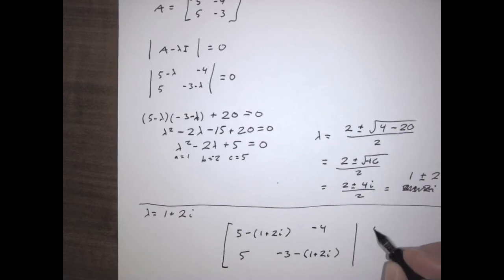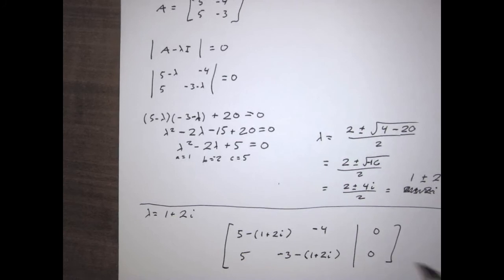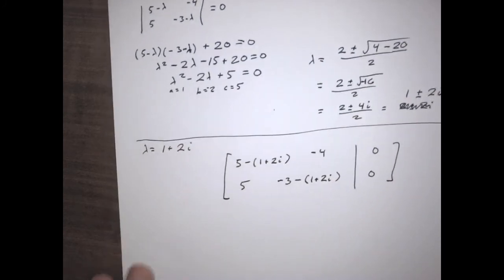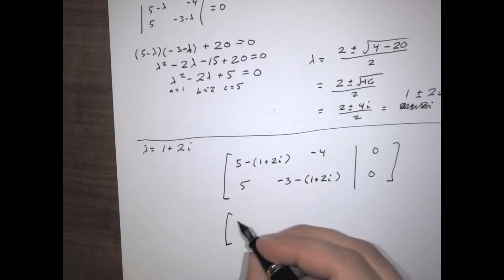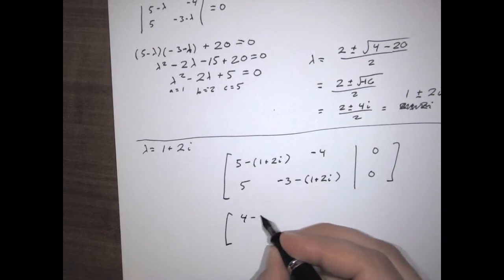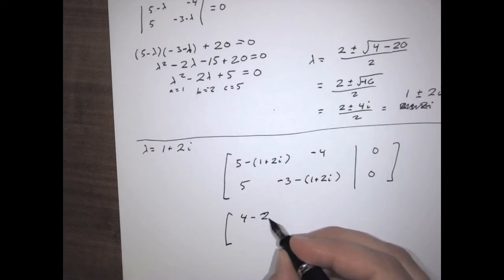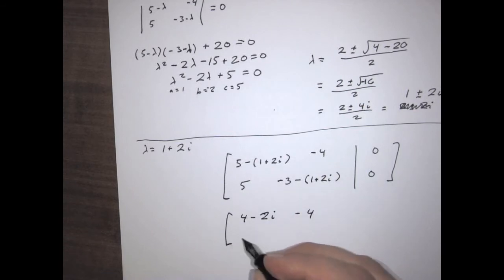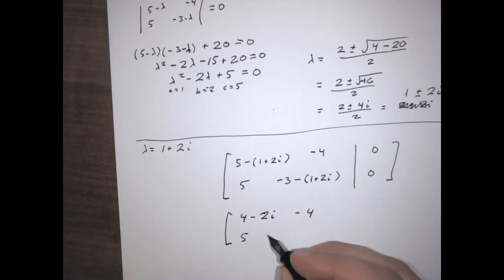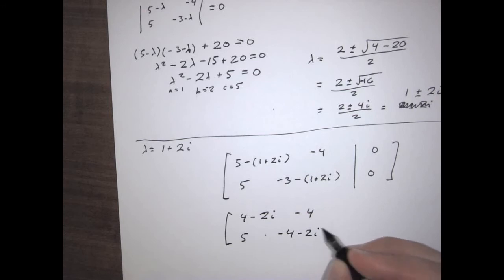And we're going to augment some zeros, and we're going to find any one solution that we can. So it's going to be 5 minus 1 is 4 minus 2i, negative 4, 5, and this down here is going to be negative 4 minus 2i.